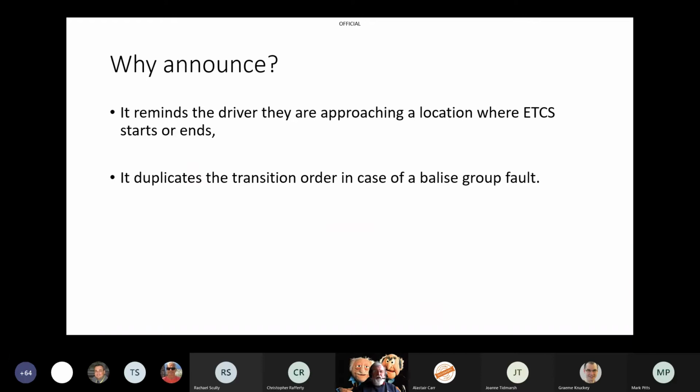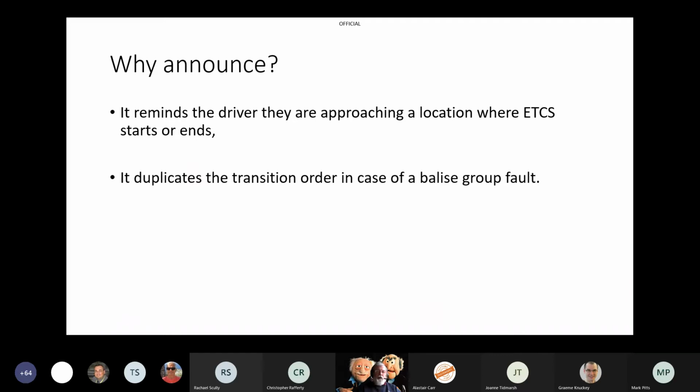Another thing it does is to duplicate the transition order. Once the train has been told that the transition is going to occur in, say, 1 kilometre, when it considers it has travelled a kilometre, that transition will occur, even if it doesn't receive a transition order from a balise group at the border. So it is a way of ensuring that the transition will definitely occur by giving us diverse communication.